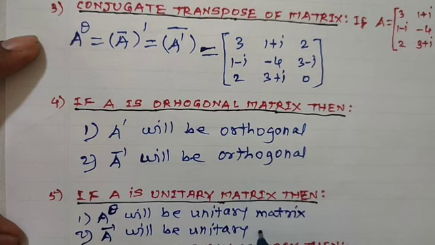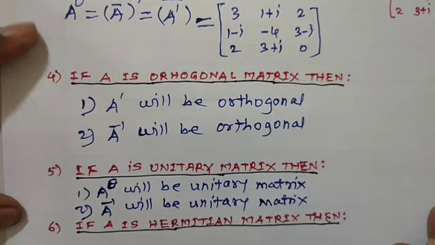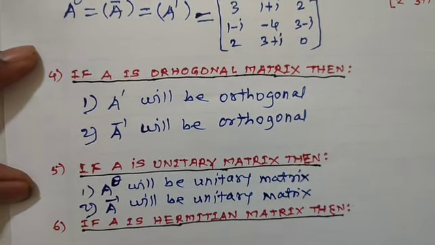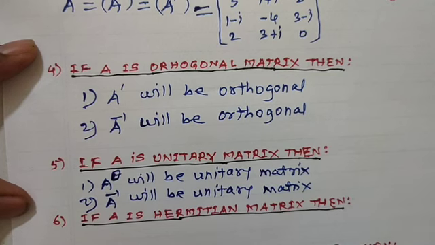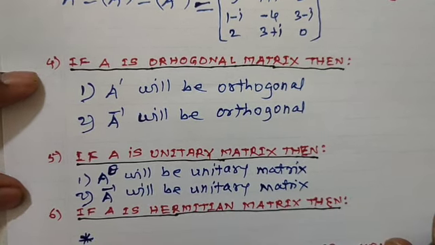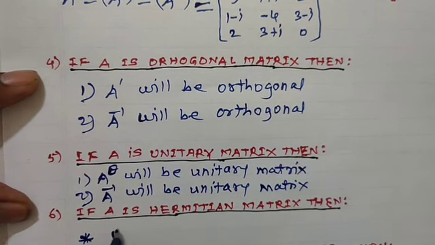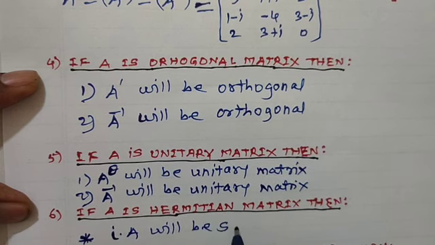Then if A is a Hermitian matrix, suppose matrix A is Hermitian, then in this case if we multiply each element of the Hermitian matrix A by I, then I into A will be a skew Hermitian matrix.